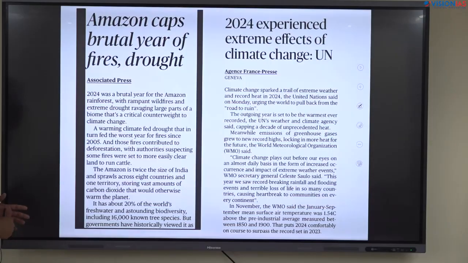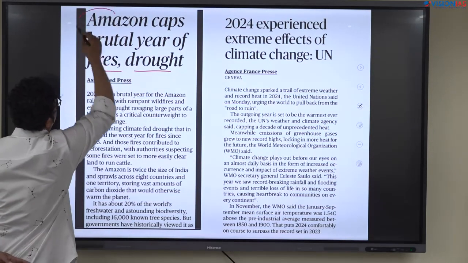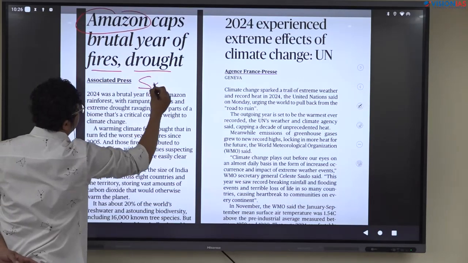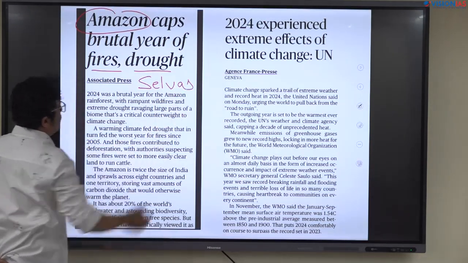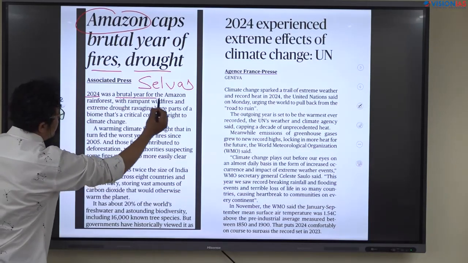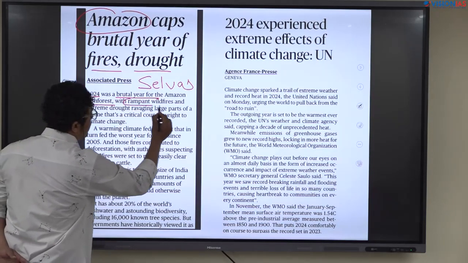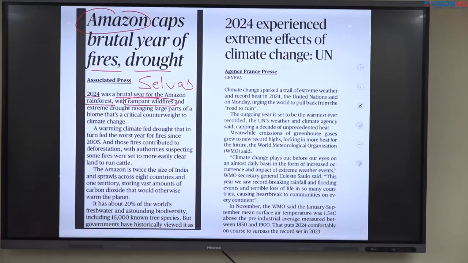Amazon caps brutal year of fires and drought. Amazon, you're talking about the dense forest. 2024 was a brutal year for the Amazon rainforest. Why? Because of rampant wildfires, extreme wildfires which have never happened before. What it tells you is that the temperature is rising.